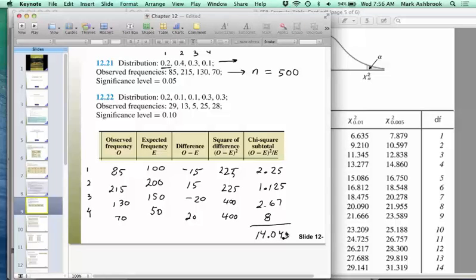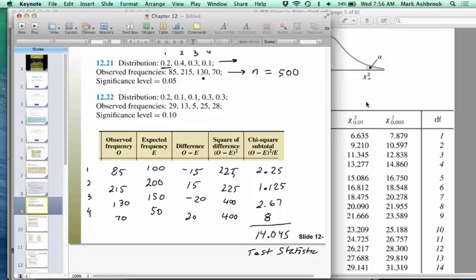So this is our test statistic for the goodness of fit test. It's an indicator of the observed distribution being different than the expected. The bigger these numbers are, the more O deviates from E, the bigger that total will be, and the more likely that they're different.